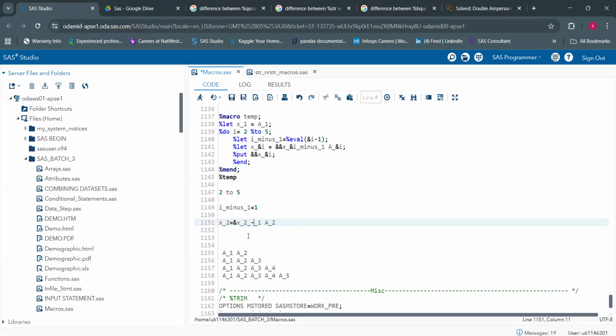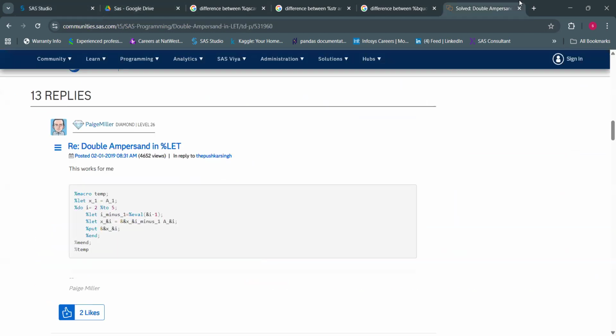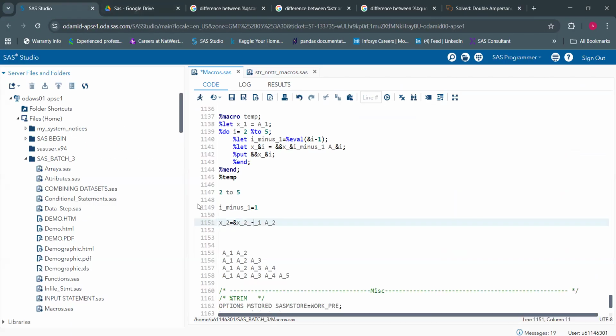So what is happening here is, as per this condition, %&&x&i_minus_1, considering it is minus 1. What is 2 minus 1? It is 1. First I'll go one by one.